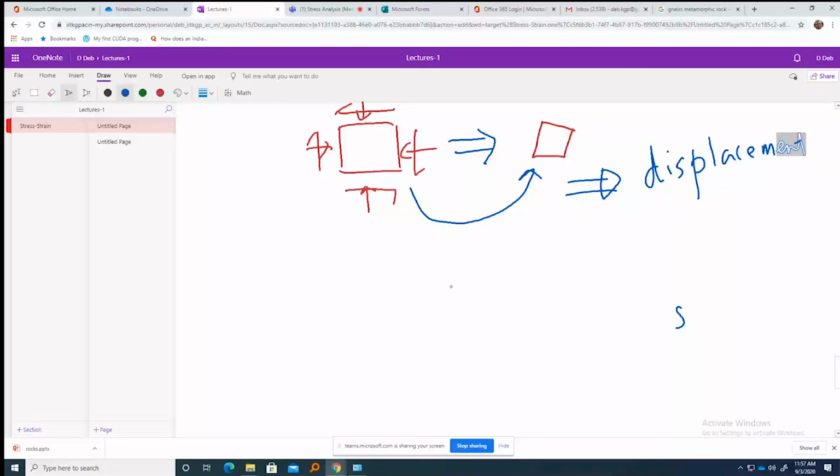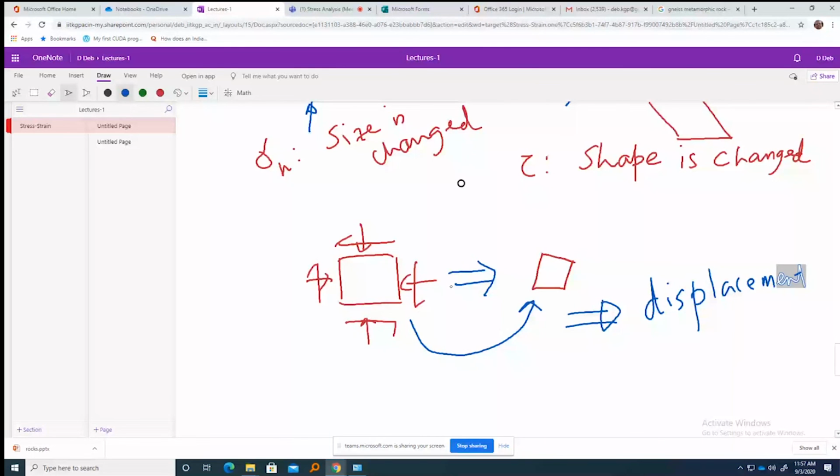In your first year, you mostly used mechanics of rigid bodies, right? Although for beams, probably you have calculated the displacement, but in all your force equilibrium in statics or moment equilibrium, the teacher has never said how much force was applied and how much was the displacement, or what we also call deformation.